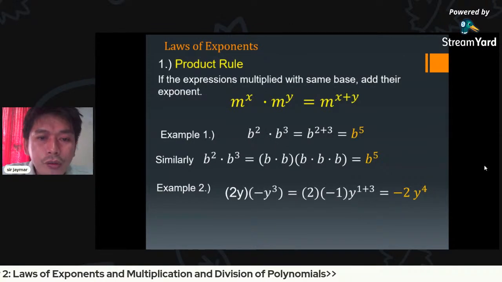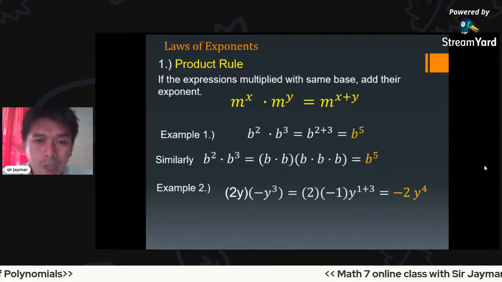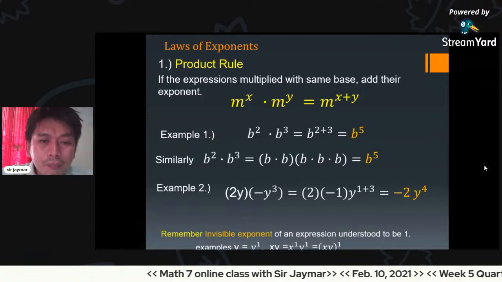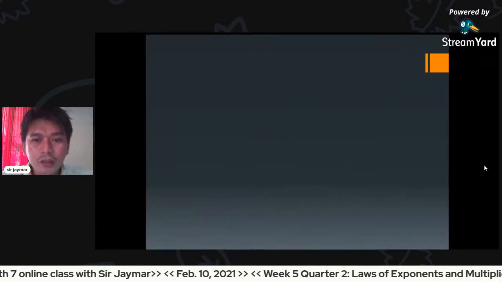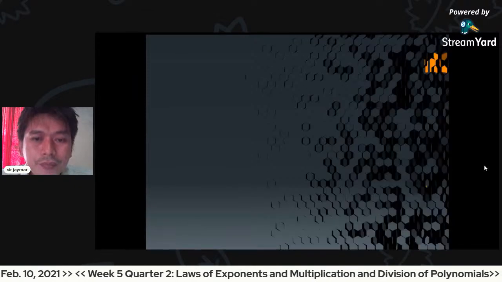If there is no exponent on the variable y, it is understood to be 1. Remember, an invisible exponent of an expression is understood to be 1.